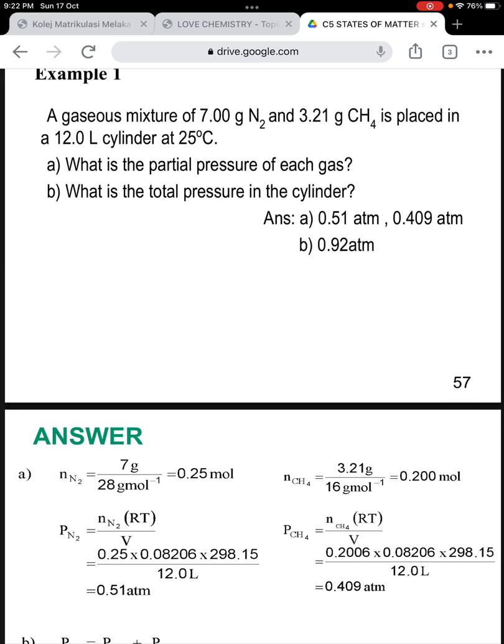So first, we have to calculate the mole of nitrogen gas, that is mass divided by molar mass. Similarly, we have to calculate the mole of CH4, mass divided by molar mass.